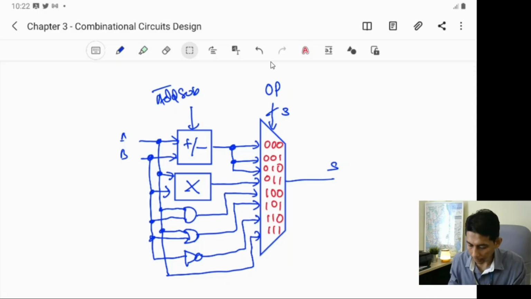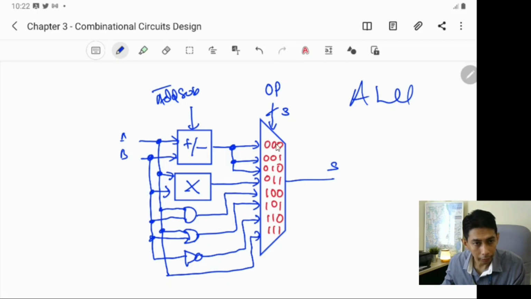Right. So this is an example of an ALU circuit. Where you see when the OP is 0 0 0, the output S is from the adder. When OP is 0 0 1, the output is from the adder also, but with the add sub signal here, we set to sub. So the output is the subtract.